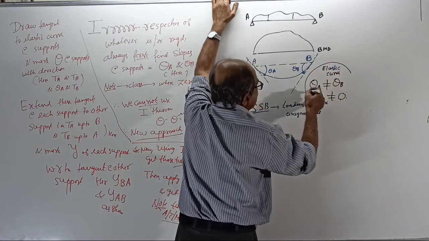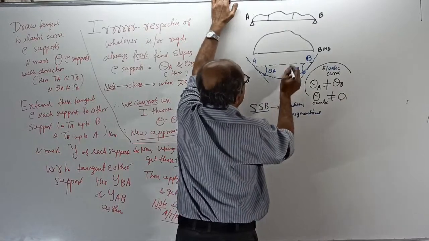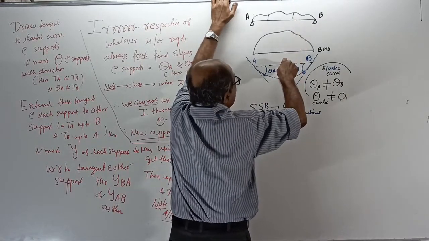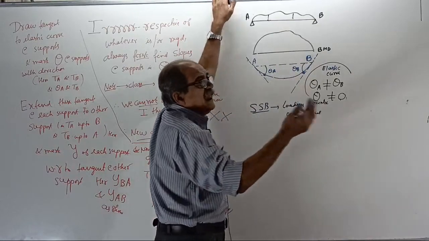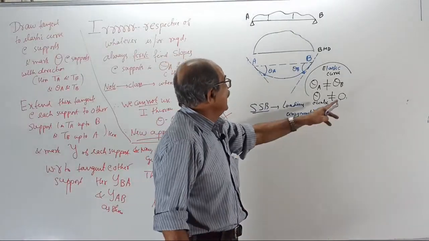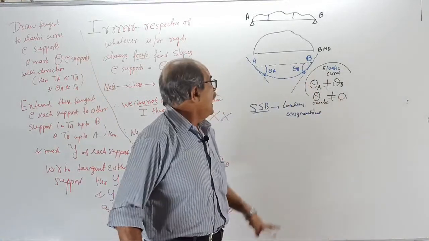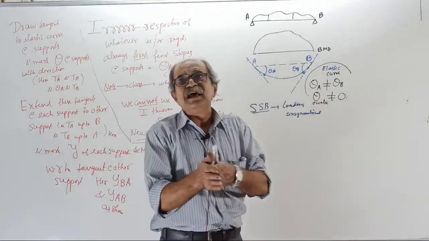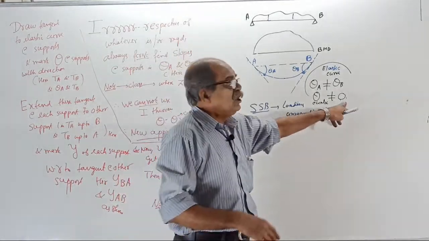Clear? See, this is not the center. If it is symmetrical, y max will be exactly at the center. If unsymmetrical, it will be somewhere else. So your earlier property of slope at A equal to slope at B, and slope at center equal to 0 where y is maximum, is not valid.